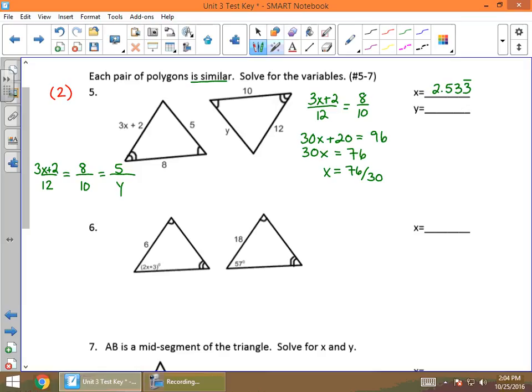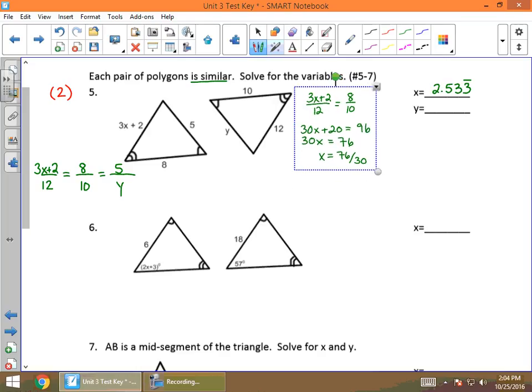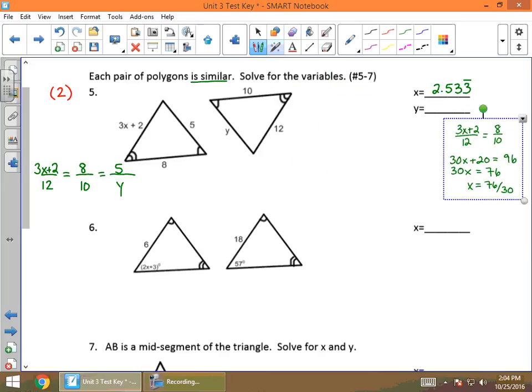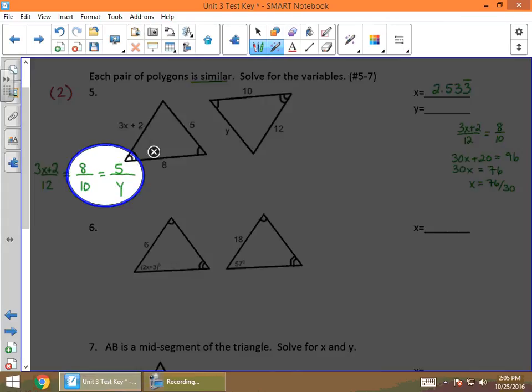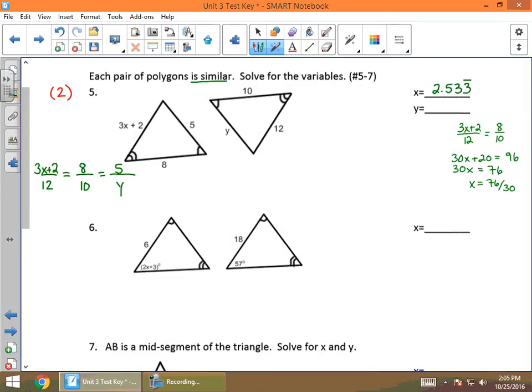Okay. Now, to find y, box this stuff up here and group that together. I'm going to move this out of the way for a second. And now I'm going to do the same thing. I'm going to look at these two fractions: 8 over 10 and 5 over y. 8 over 10 is equal to 5 over y.